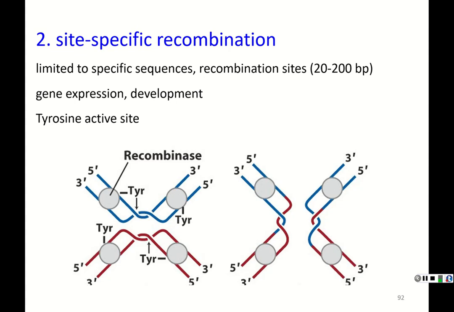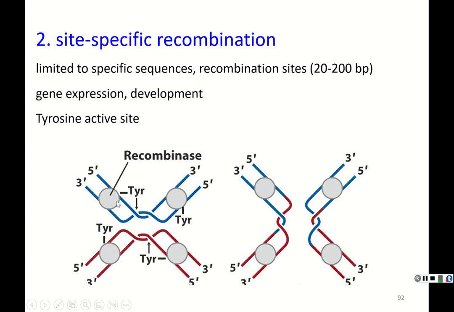Okay, the second method of recombination is site-specific recombination. And this is limited to specific sequences that are 20 to 200 base pairs long. Okay, important aspect of this method is that there are specific proteins that catalyze this called recombinases, and they use tyrosine in their active site to do this.